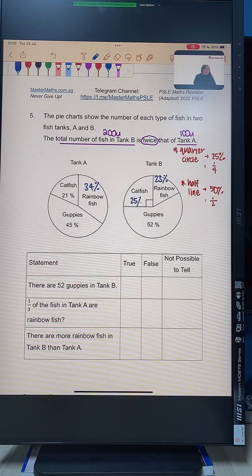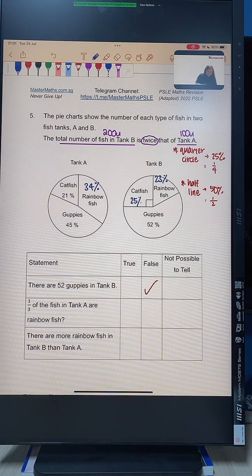Alright, for those of you who are saying, for the first one, not possible to tell, that is not quite correct. The first one is going to be false. Why is this false? This is the very tricky one here, okay? Why is this false? Let's take a look.